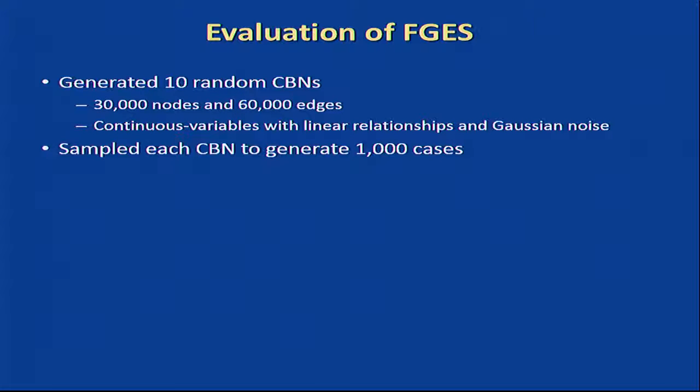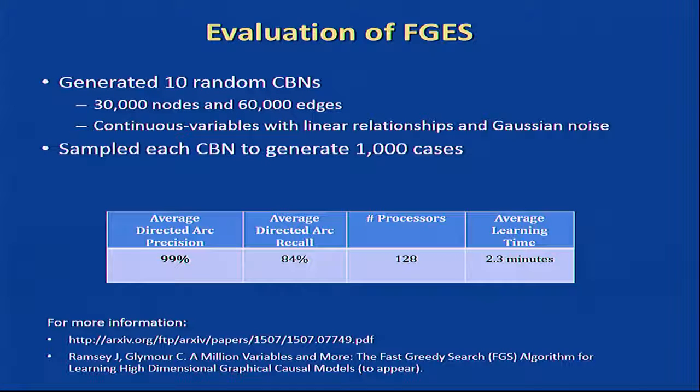So we tested it in simulation by generating random Bayes nets, random models, each of which had 30,000 nodes and about 60,000 edges, which actually makes it very easy compared to a much, much fuller graph to find. And we sampled every one of those to generate 1,000 cases. And then we looked at the results of applying the algorithm.